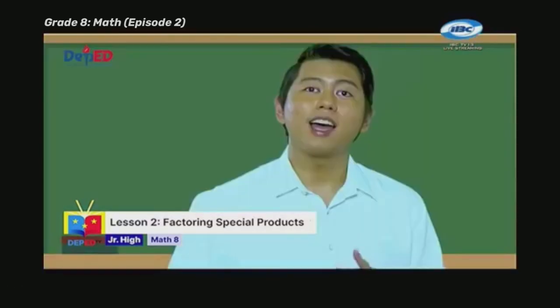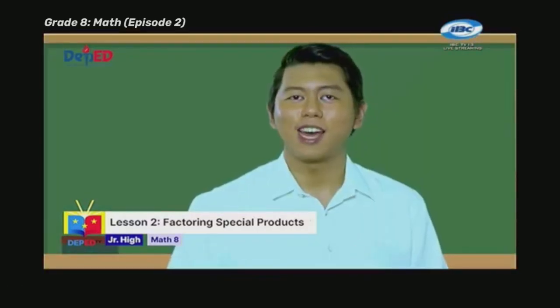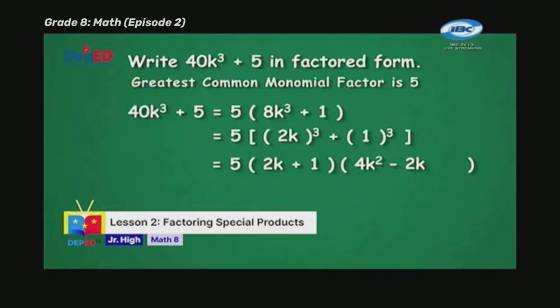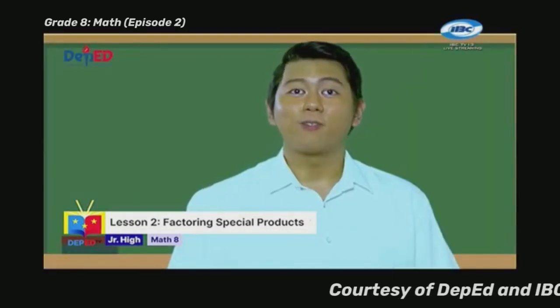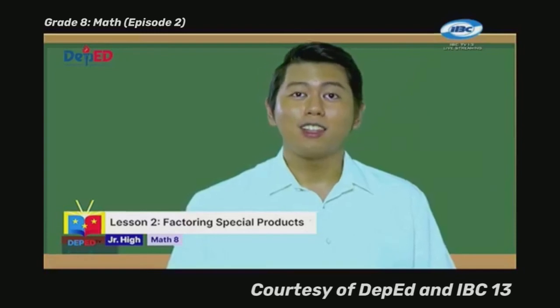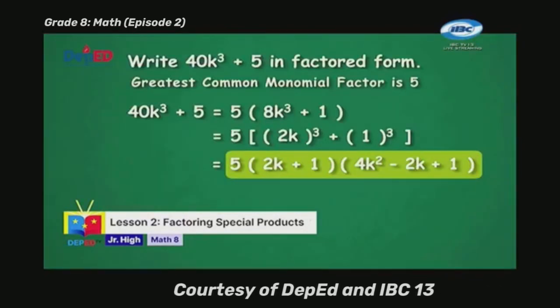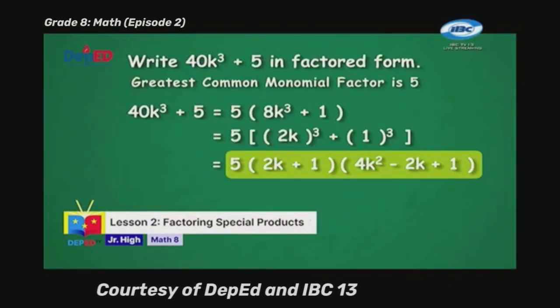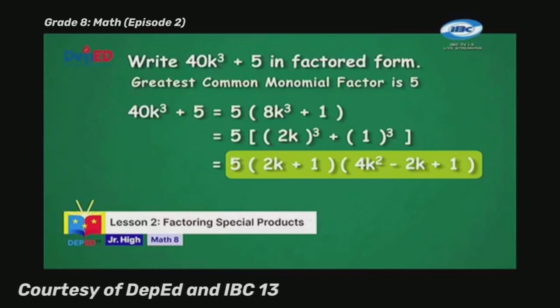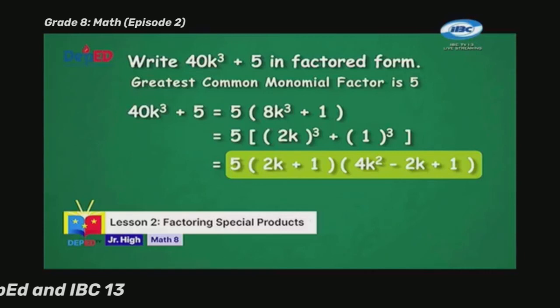The final sign is always a positive sign. So lastly, the third term of the trinomial is 1 squared, and the answer to that is 1. So we can say that 40k cubed plus 5 is equal to 5 times the quantity 2k plus 1 times the quantity of 4k squared minus 2k plus 1.